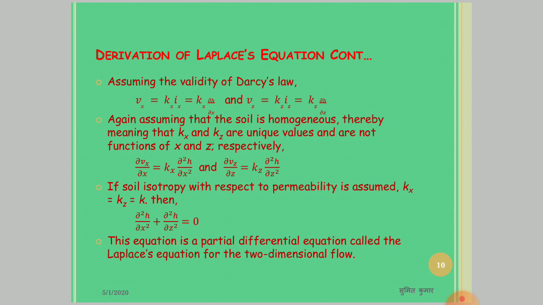After substituting the above three values in the equation of continuity condition, we get ∂²h/∂x² plus ∂²h/∂z² is equal to 0. This equation is a partial differential equation called the Laplace equation for two-dimensional flow.